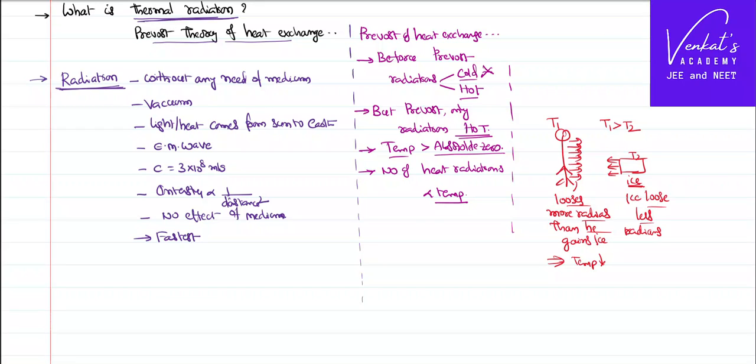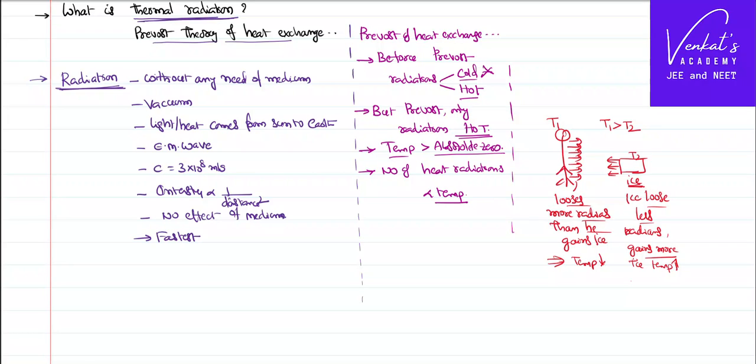Therefore, ice gains more from the surroundings, because I'm assuming that the surroundings also have a temperature more than that of the ice. Thus, ice temperature increases so that it slowly can be converted into water.